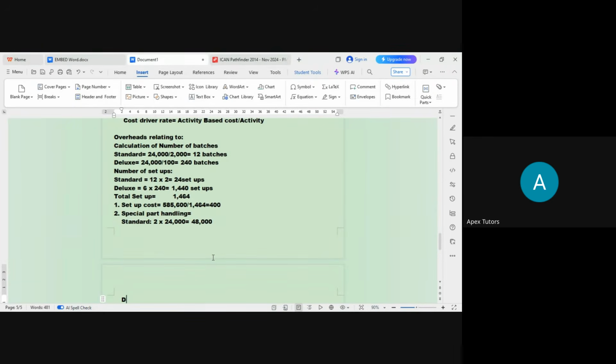For the loss, it will be what? 24,000 times 8, it will be 6, 24,000 multiplied by 24. We have it as what? 144,000.